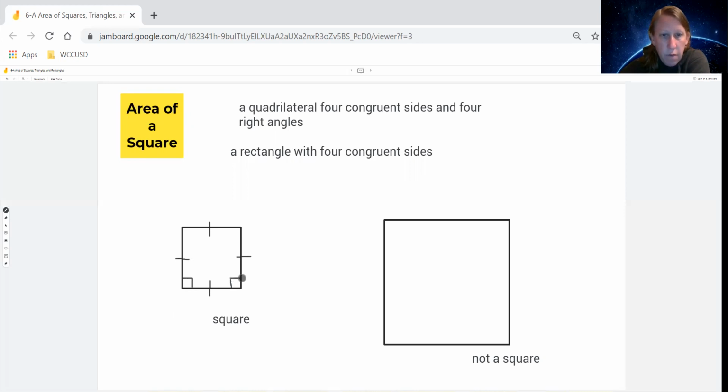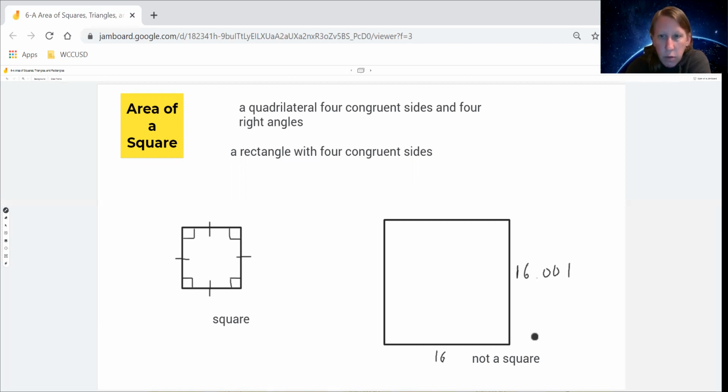So if a figure is marked like this, then you are allowed to say that this is a square. And if you just saw a picture like this, you could not assume it is a square, even though it totally looks like a square. They might be trying to trick you. Maybe this is a 16 and this is 16.001.